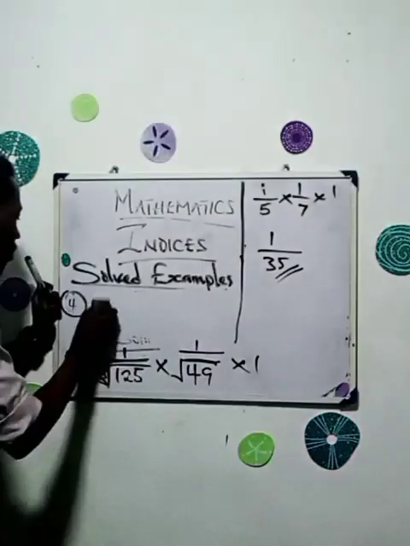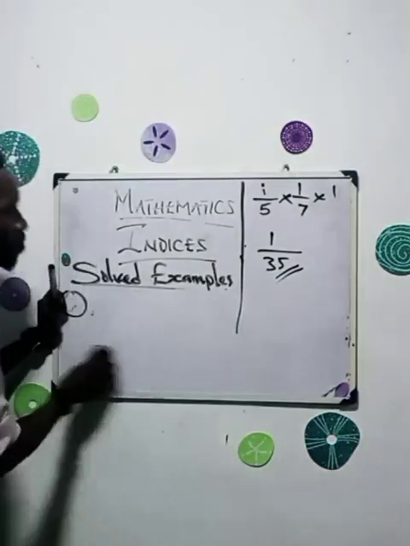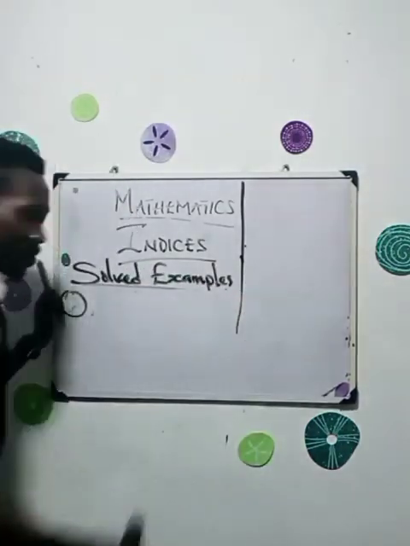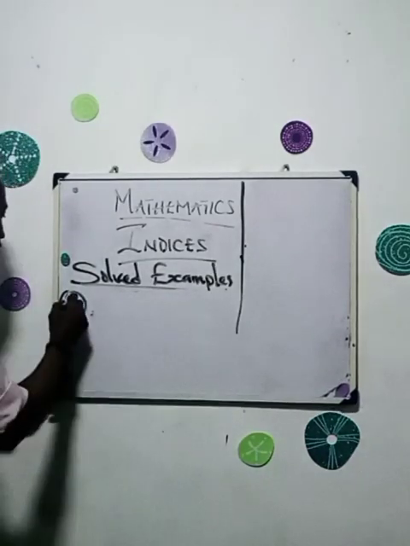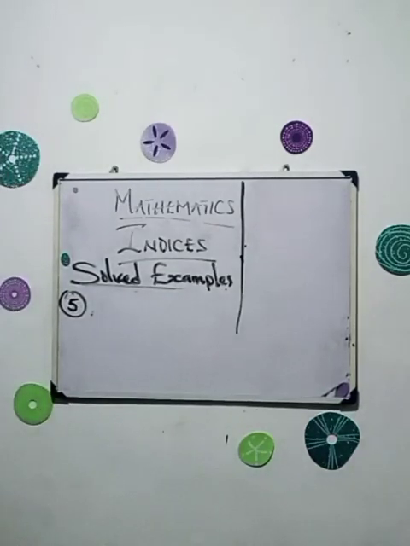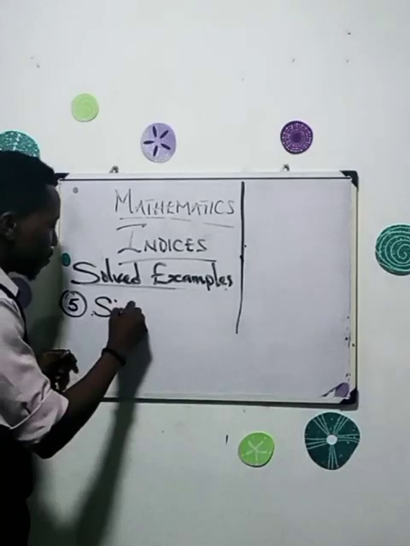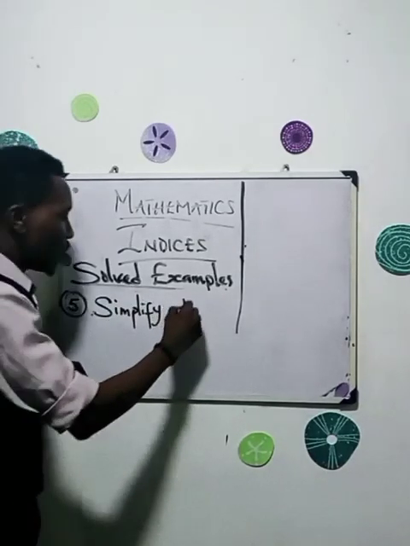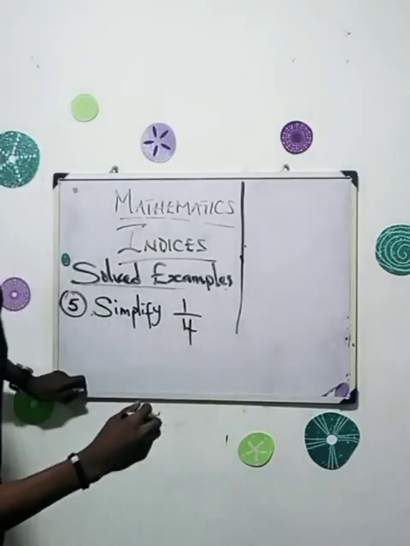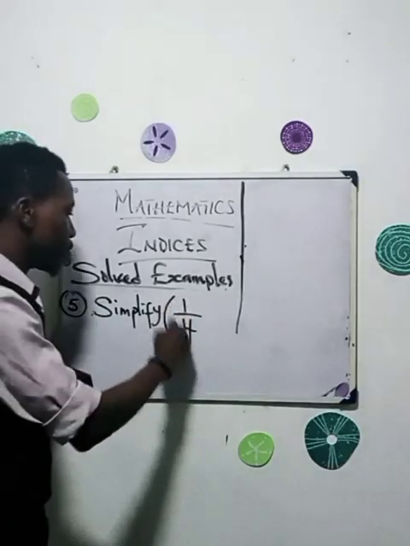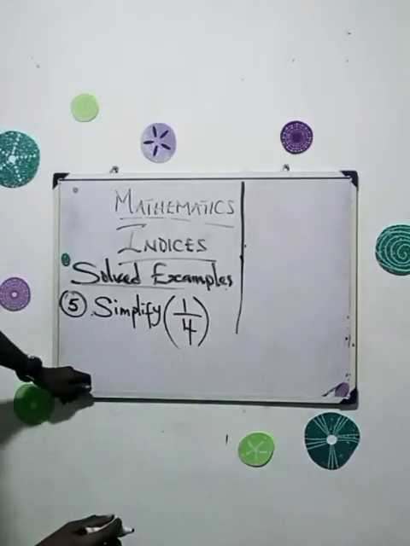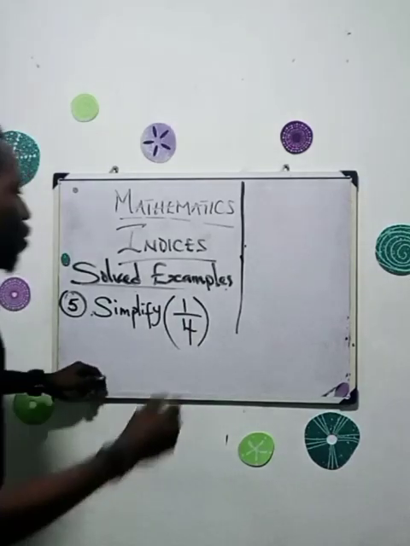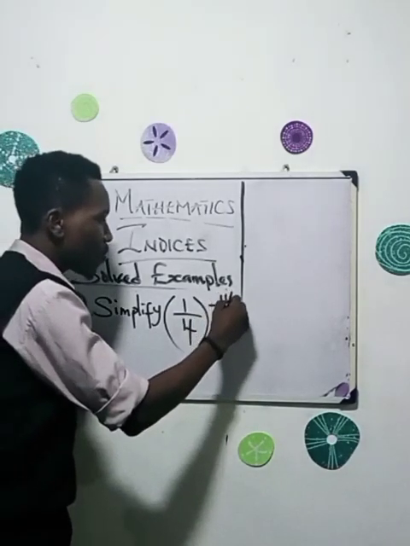Alright, let's move on. Number 5. Question number 5 says, simplify 1 over 4 in brackets raised to the power of minus 1.5.